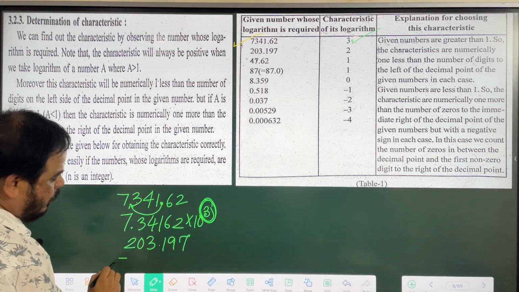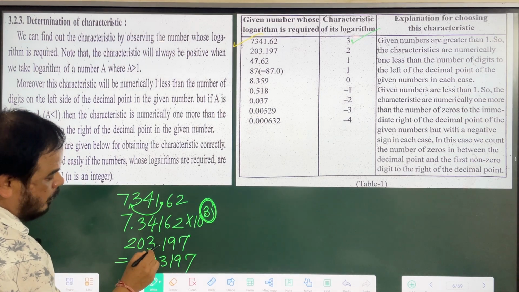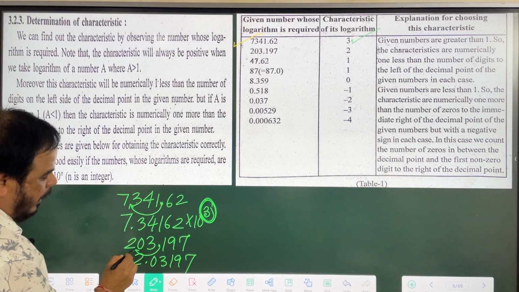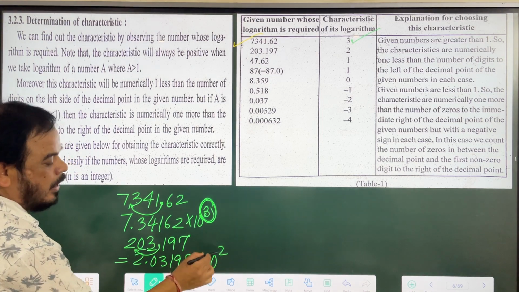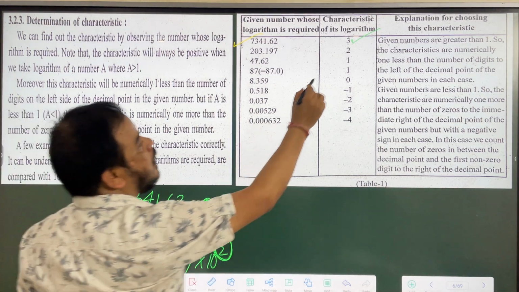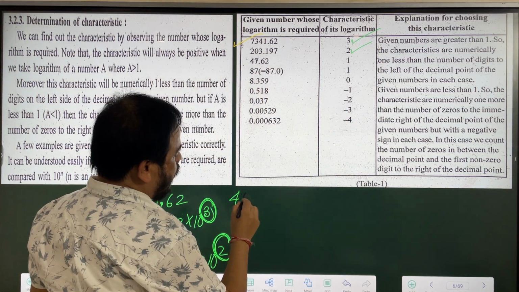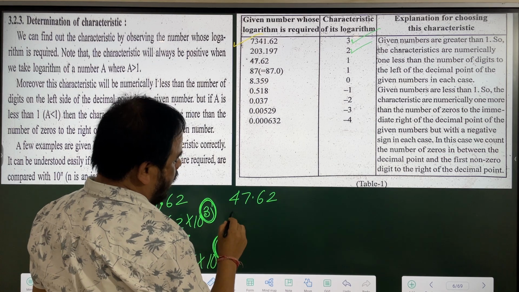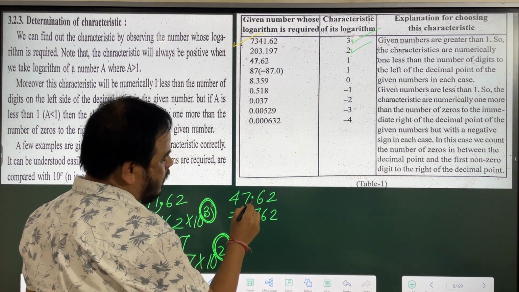203.197. This one we will write 2.03197. So the decimal moved towards the left hand side. How many places? 2 places, into 10 to the power 2. So the characteristic we will get is 2. Next, 47.62. This one we will write as 4.762. How many places moved?